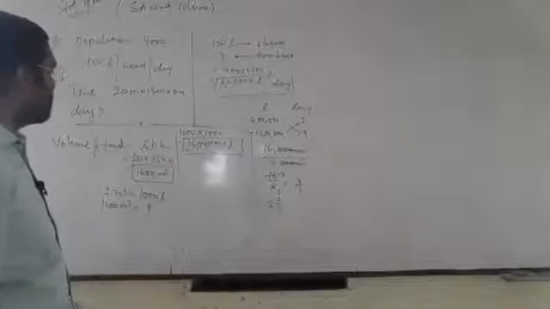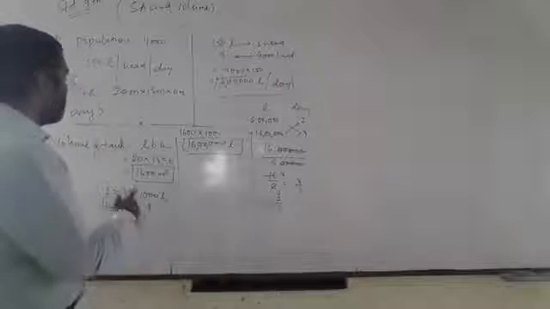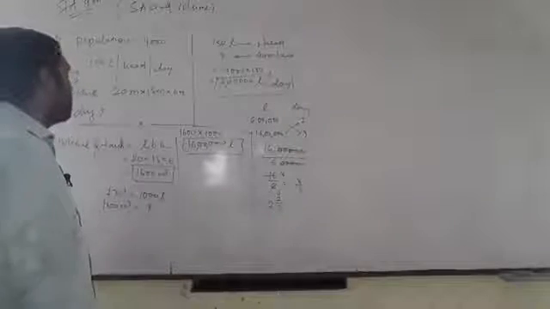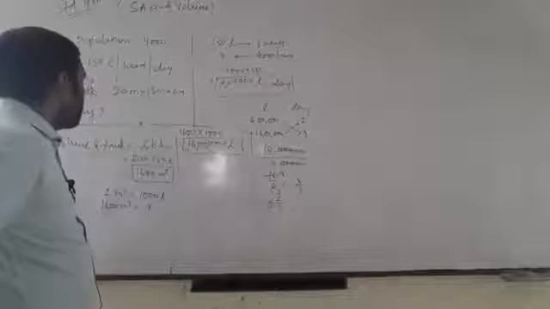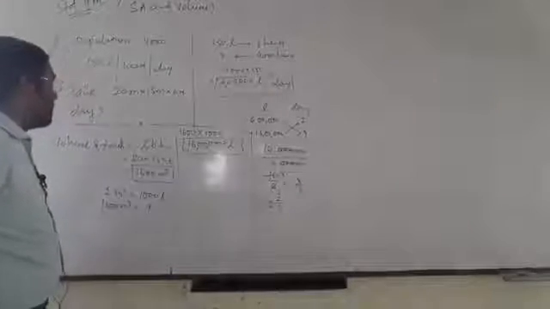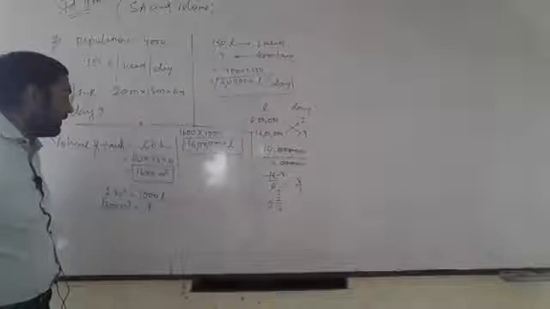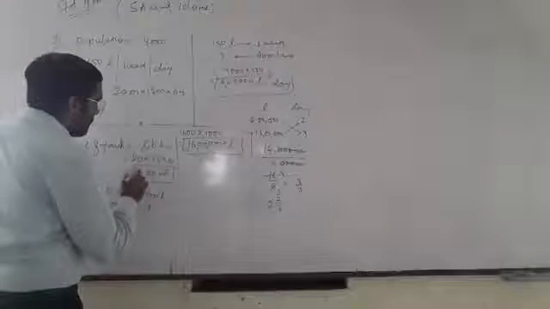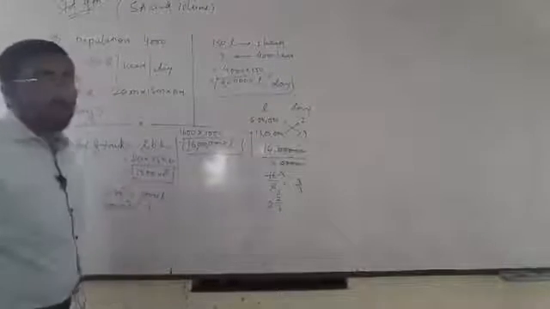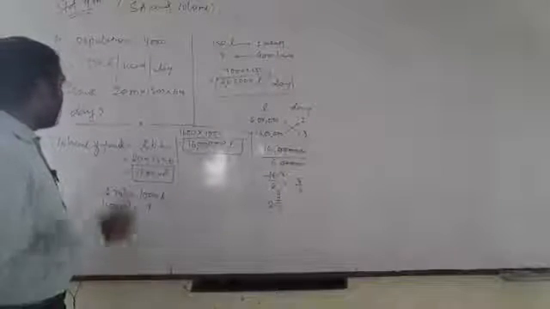Now there is 2 integer 2 by 3 days required to empty the tank for the 4000 persons. Now there is a mistake, because 15 2s are 30, 30 6s are 180. Here is my mistake, students. 1800 meter cube is the volume of the tank.